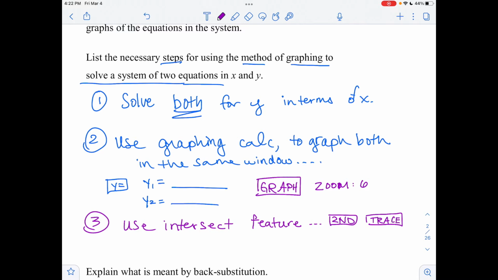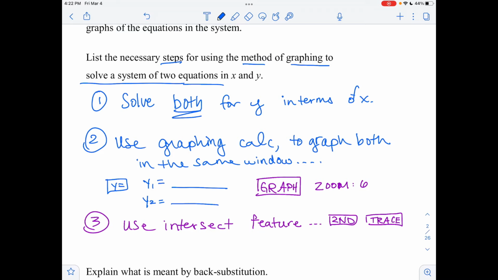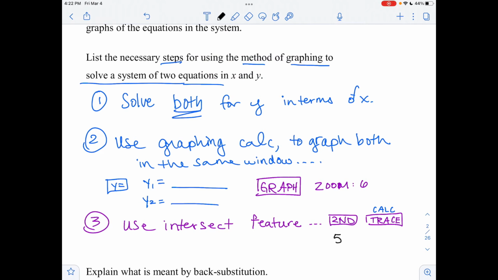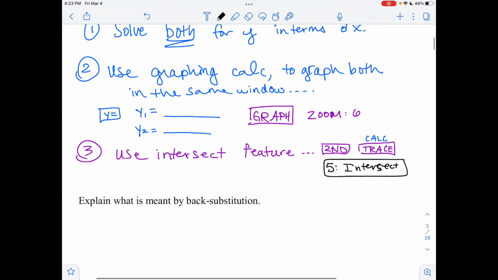Second trace activates the little words on top of trace, which say calc. And then you're going to choose option number 5, which is the intersect feature. And that will tell you exactly where that intersection is.